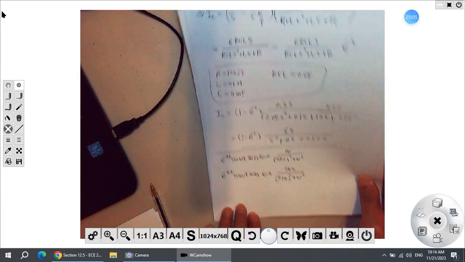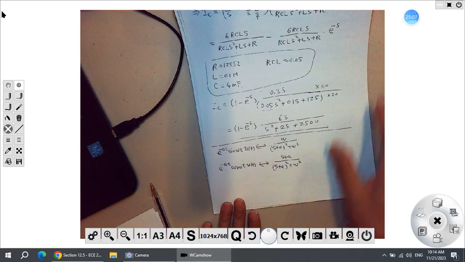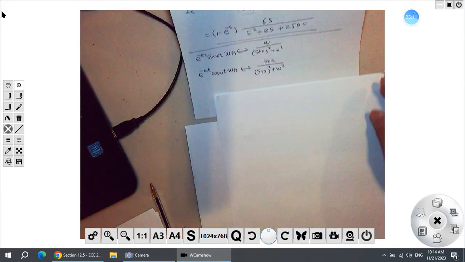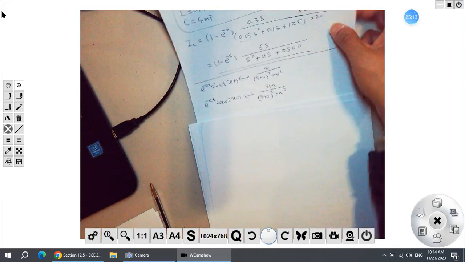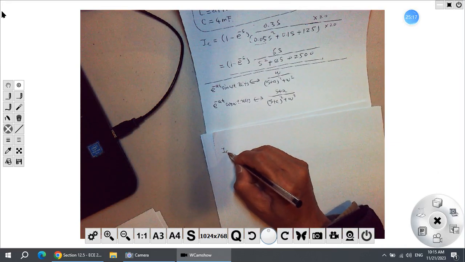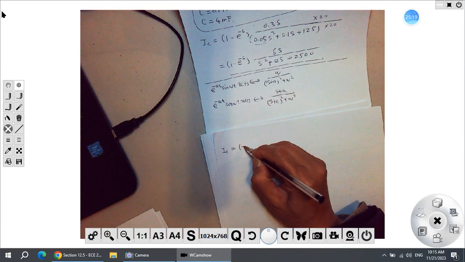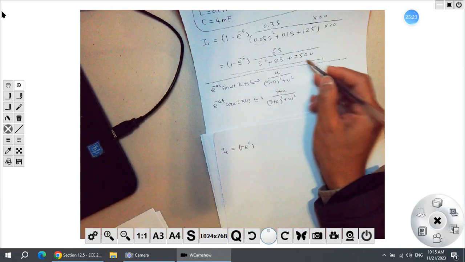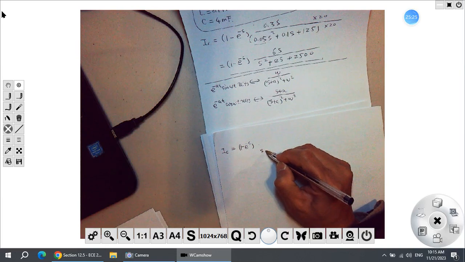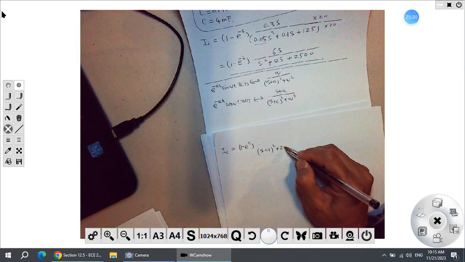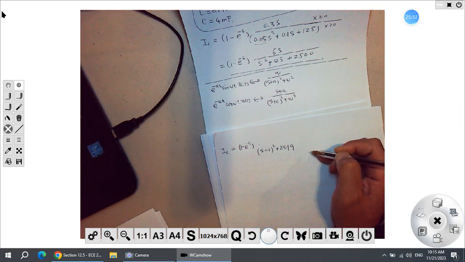Okay, so we will try to write our fraction in terms of these two. You can see, okay, keep 1 minus e to negative s, and this denominator part I can write as s plus 1 squared plus 2499, right?